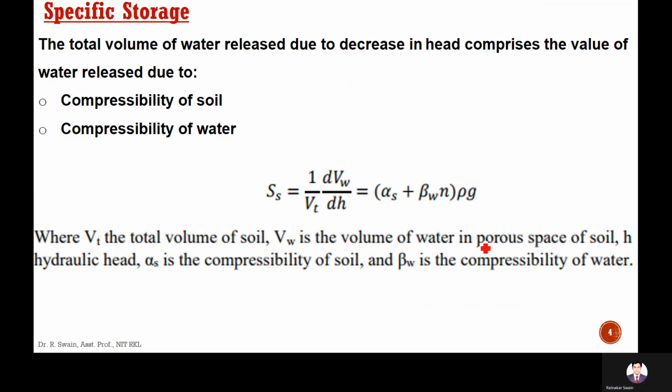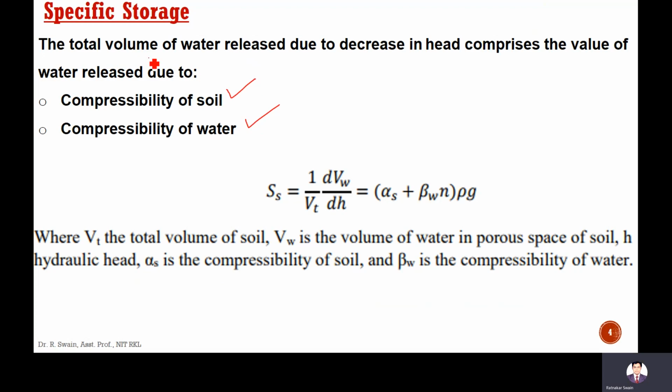If we go into the detail of specific storage, it is due to the compressibility of soil and the compressibility of water.